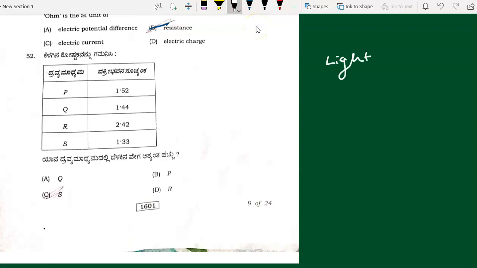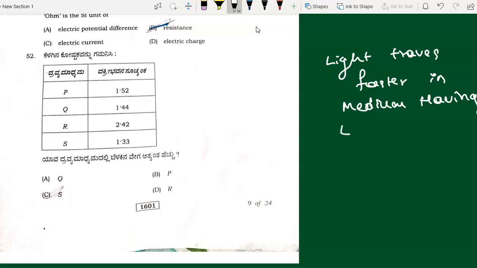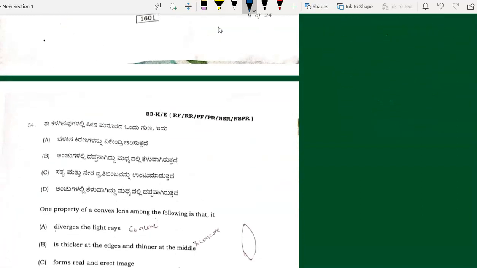Light travels faster in a less dense medium, the medium having less refractive index. So here, this medium S is having a less refractive index, so light travels faster in this medium.